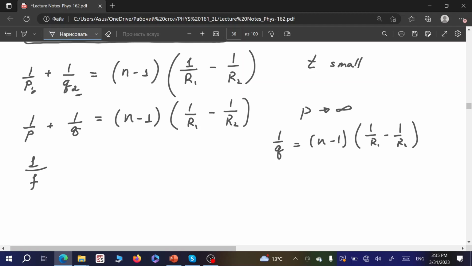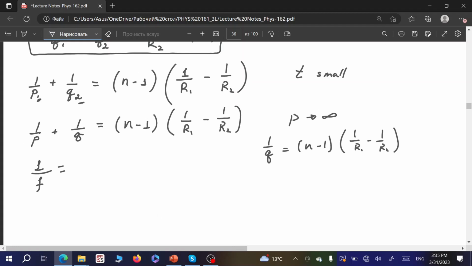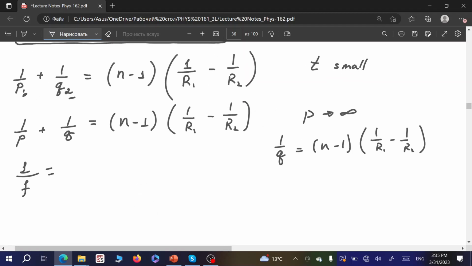And this is actually the way we determine the focal distance. So 1 over f will be equal to n minus unity times 1 over r1 minus 1 over r2.